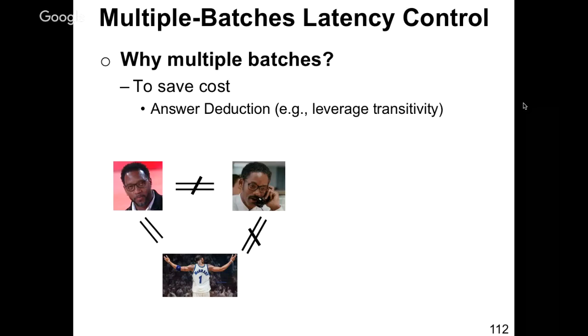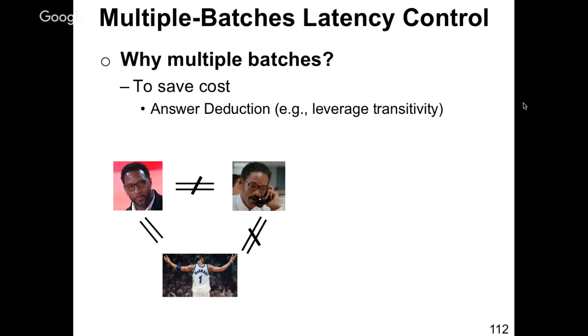There are 3 tasks, right? Decide whether they are the same person, decide whether they are the same person, decide whether they are the same person. If you publish the 3 tasks to the crowdsourcing platform at once, then you will not be able to use transitivity to reduce the cost.